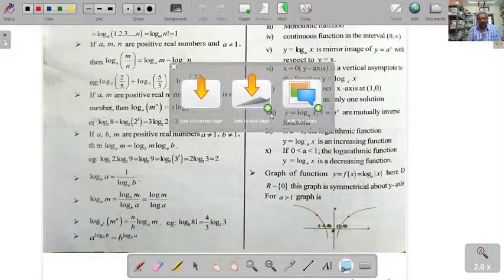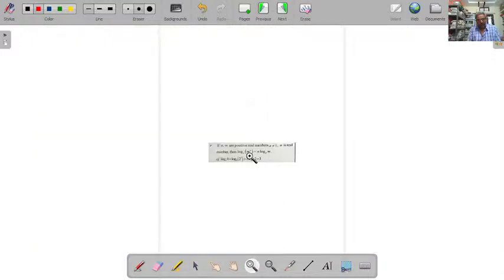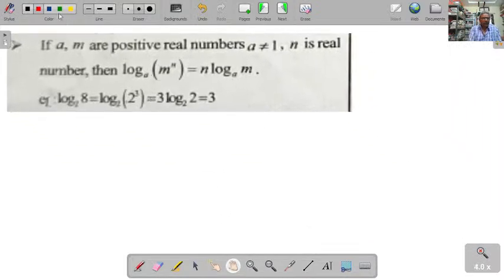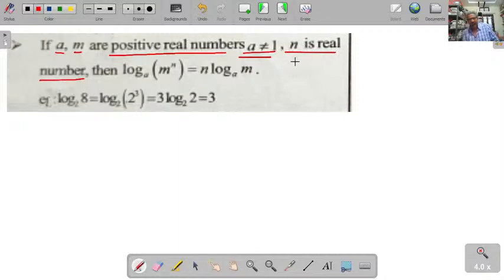Next we are going to discuss one more rule in logarithms. These properties are very, very important. If a and m are positive real numbers and a does not equal 1, and n is any real number, n may be negative also, then logarithm of m to the power of n to the base a is equal to n times log m to the base a.